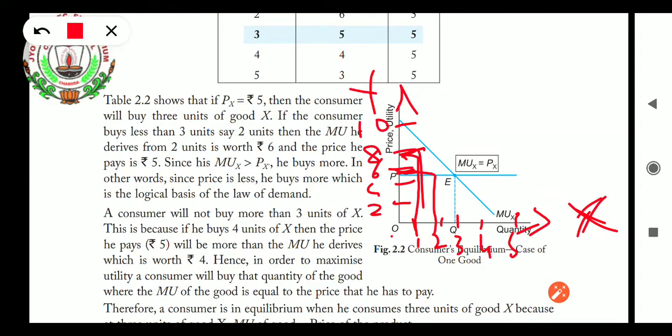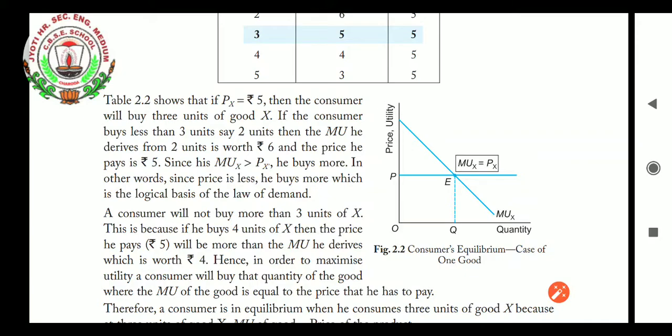When he purchased 3 units, his satisfaction level was 5, that is the middle of 6 and 4. And when he purchased 4 units, here it was 4. This is how the line has been drawn, touching the point of intersection. So that was how the graph has been formed.